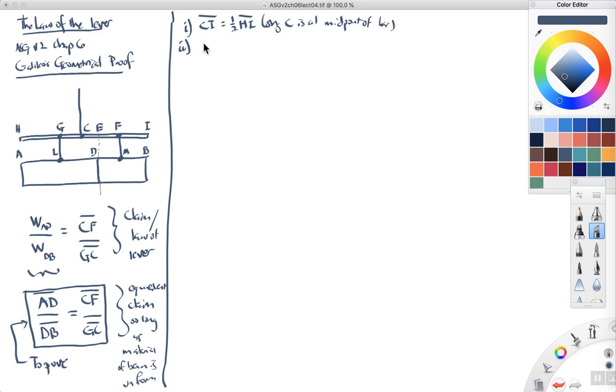Point 2 is that GE is equal to 1/2 of EH. So again, this right here is 1/2 of EH. You're claiming that this point right here, the suspension point, is halfway between points A and D, or between E and H, so that this block right here doesn't rotate.